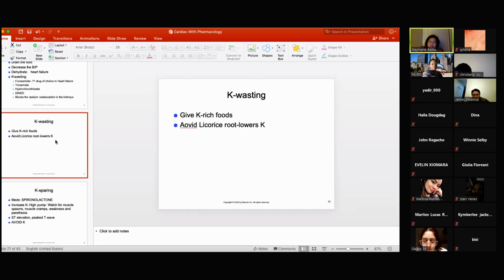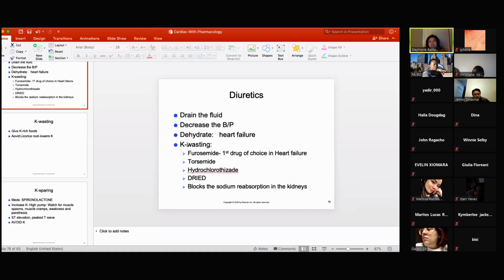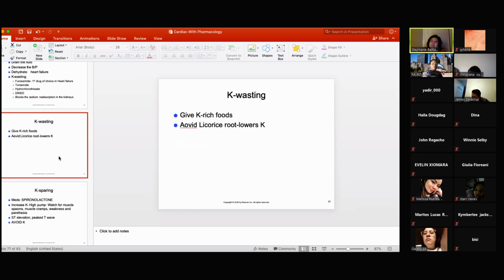Your potassium wasting diuretics. There are diuretics that, with the excretion of fluids, also excrete potassium. These are your Lasix, your furosemide, your torsemide. They are potassium wasting.